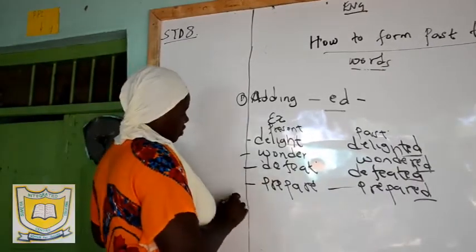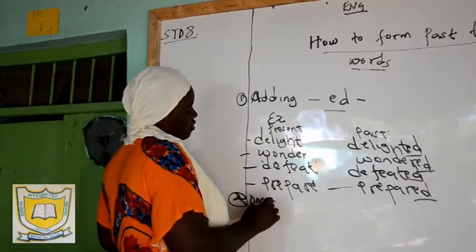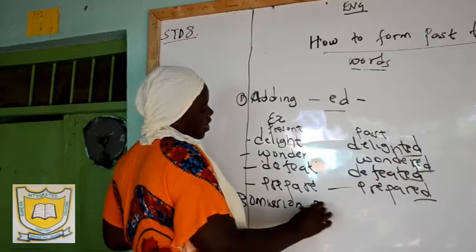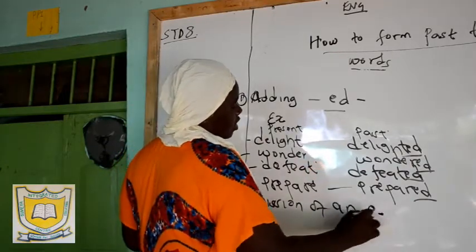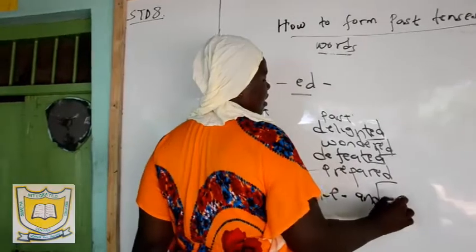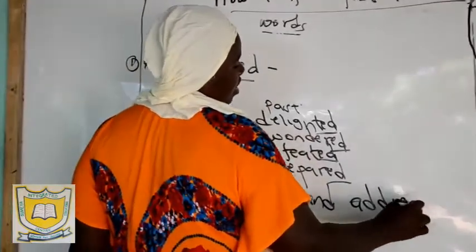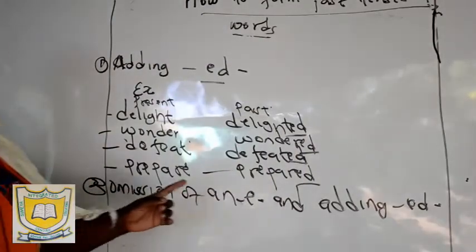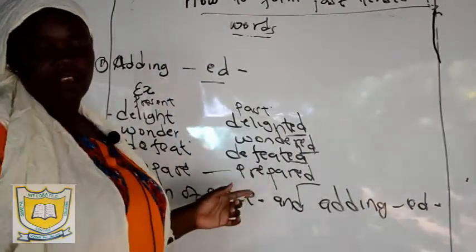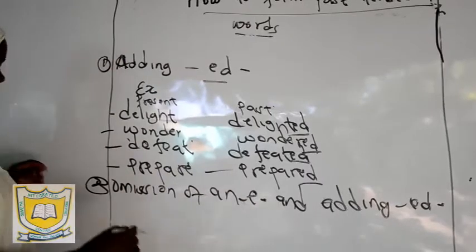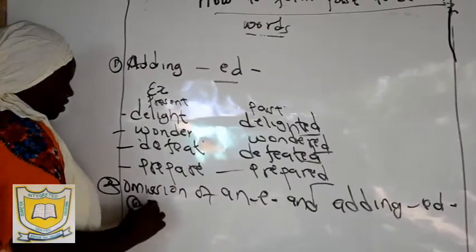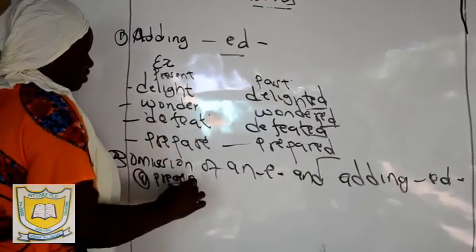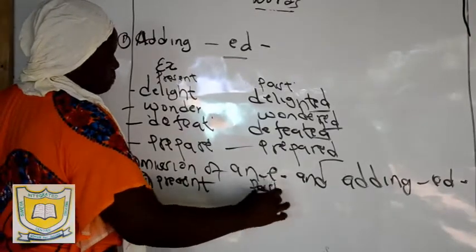Example number two, omission of an e and adding an ed, or simply, if you don't omit the e, you simply add a d. For example, we have the present tense, and then we have the past tense.